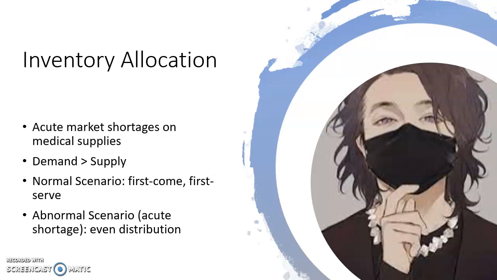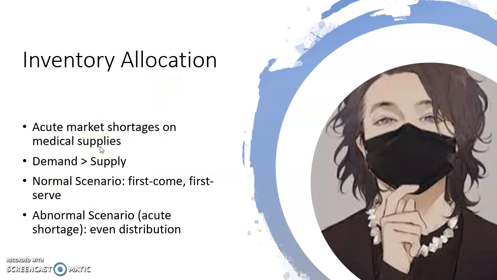In normal times, we would have supply and demand, and orders get fulfilled on a first come, first served basis. So a customer comes in and places an order for 1,000 units, and if there are 900 available and that's the first order that came in, all 900 will go to that customer.